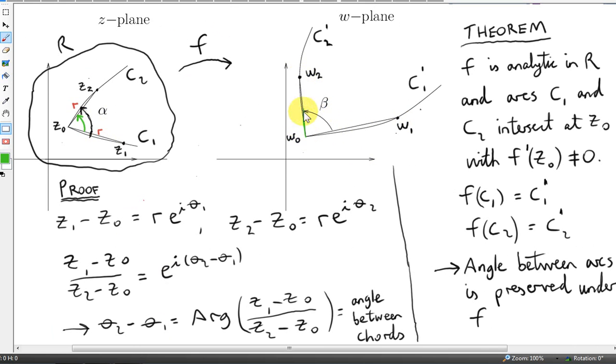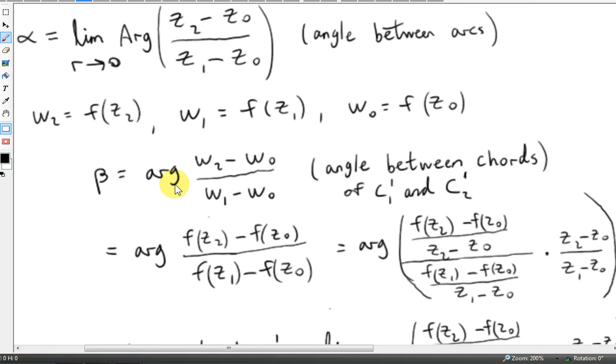So like before, we will consider this vector here, or complex number if you like. It's W2 minus W0, and this vector, our complex number W1 minus W0. So like before, we will calculate this quantity here, but apply to the W's, and that'll give us angle beta.